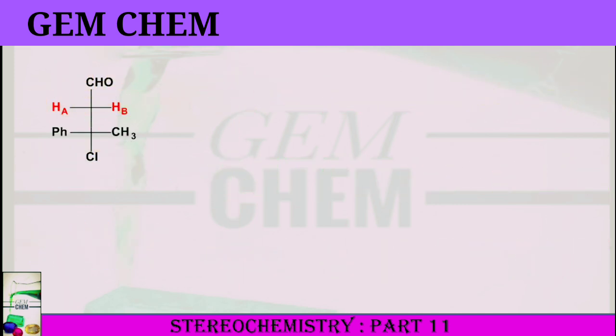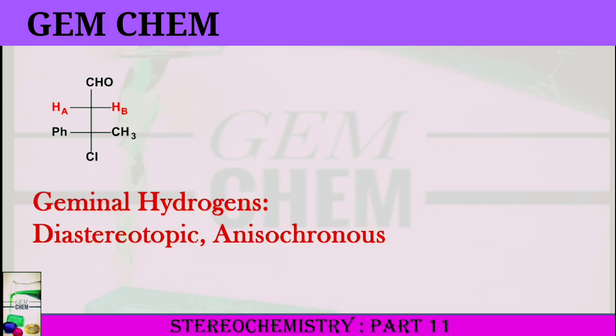So first we have this moiety. We have HA and HB. From here you can understand that these are placed on one single carbon. These are geminal hydrogens, and since there is no mirror image relationship, these are diastereotopic since they are present in two different environments. So we will have an anisochronous shift and these will appear as two doublets.